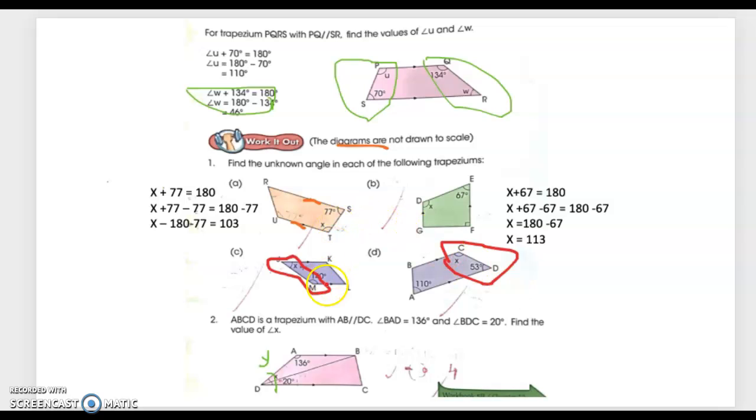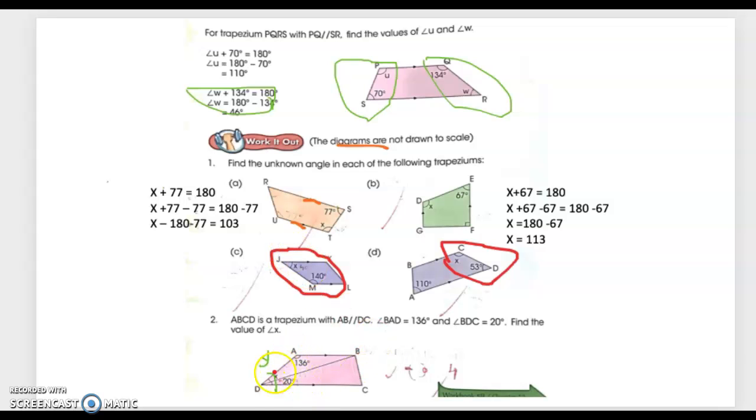Here, how much is hiding? Here it is x plus 140. Okay, x plus 140 is equal to 180.